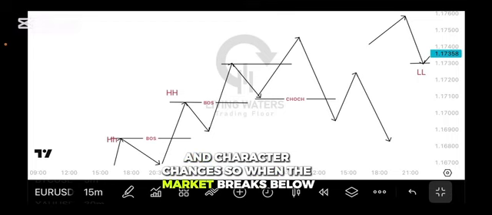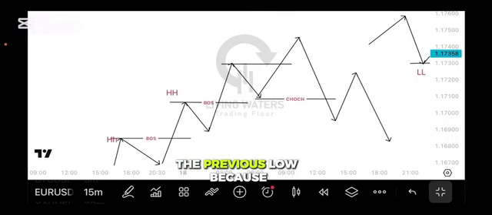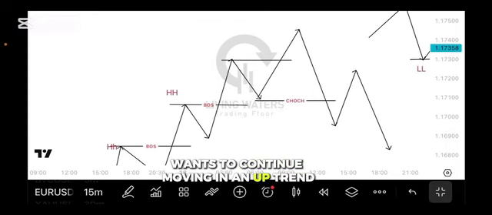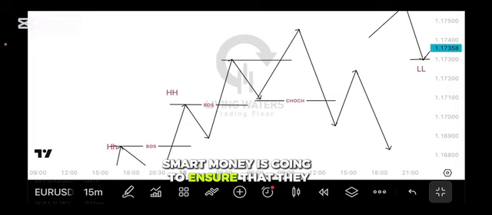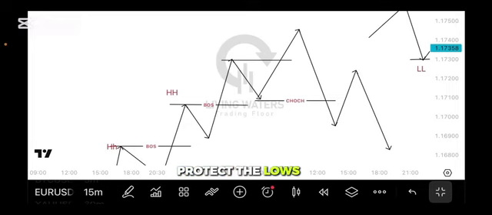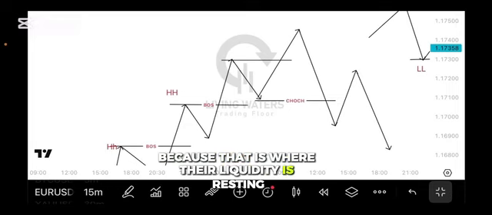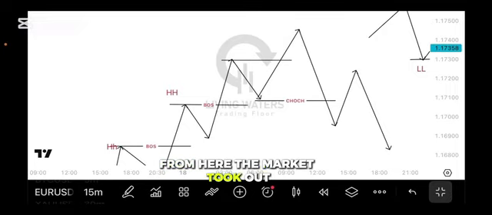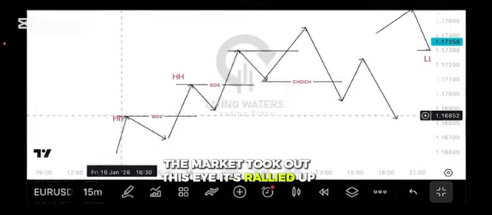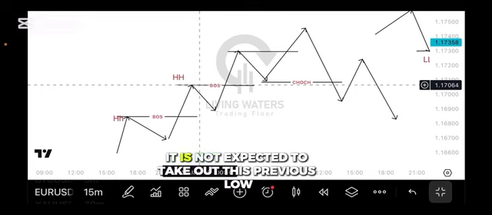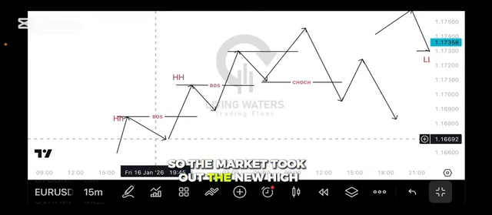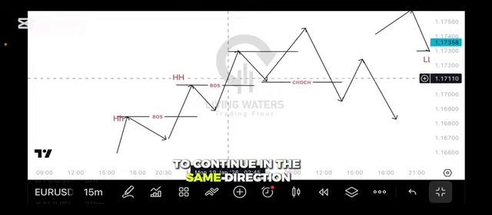When the market breaks below the previous low, because one thing about the market is that if the market wants to continue moving in an uptrend, smart money is going to ensure that they protect the lows, because that is where their liquidity is resting. Do we understand now? From here the market took out this high, rallied up, and then was coming down. It is not expected to take out this previous low, so the market took out the new high to continue in the same direction.